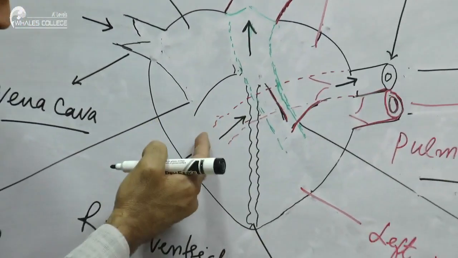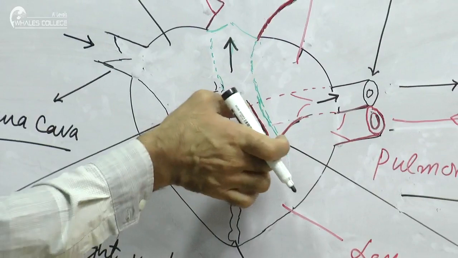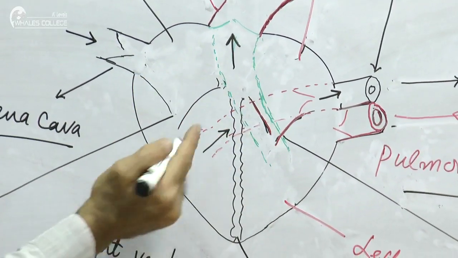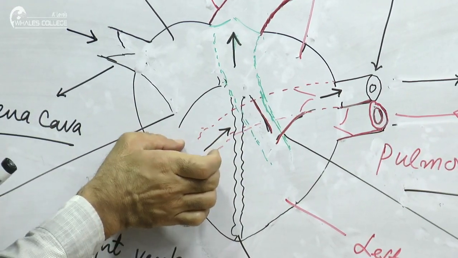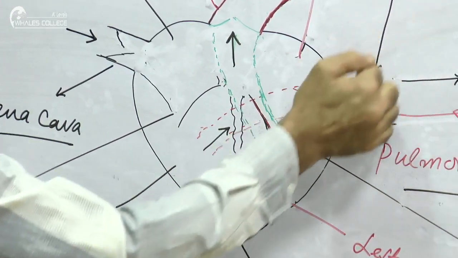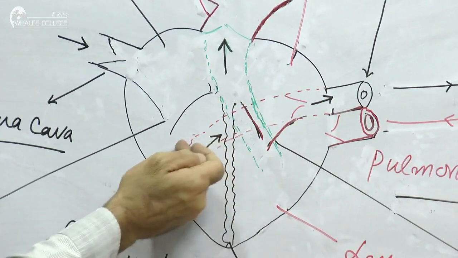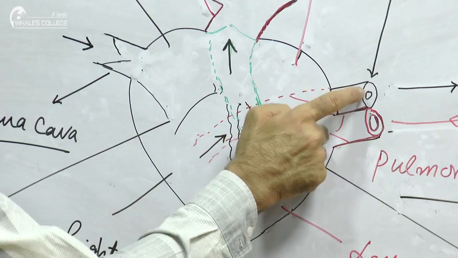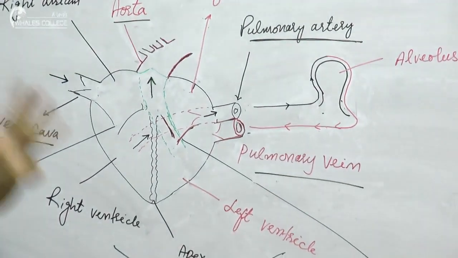These red lines show the continuation of this pulmonary artery on the back side of the heart, here in the right ventricle. So the right ventricle is connected with the pulmonary artery. Three chambers, three blood vessels.